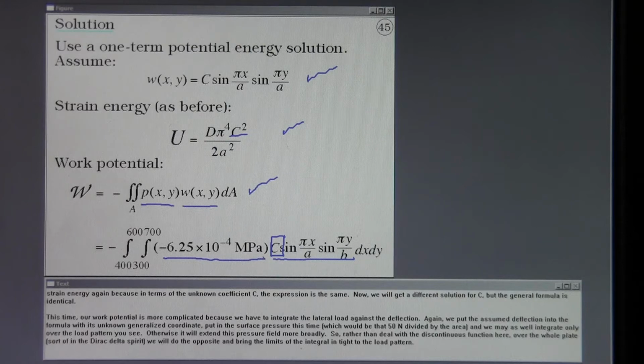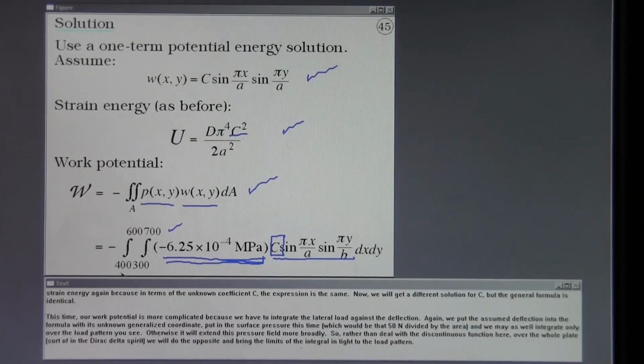And we may as well integrate only over the load pattern, you see. Otherwise, it will extend this pressure field more broadly. So rather than deal with a discontinuous function here over the whole plate, sort of in the Dirac delta spirit, we will do the opposite and bring the limits of the integral in tight to the load pattern.